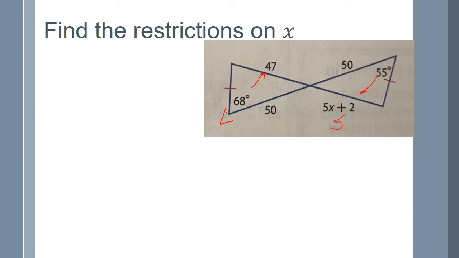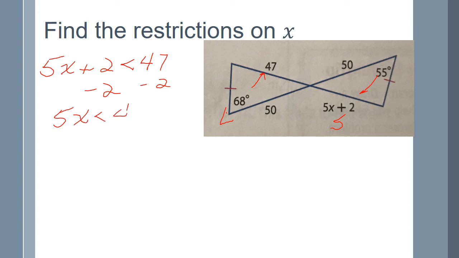So we're going to say that 5x plus 2 is less than 47. You subtract 2 from each side. 5x is less than 45. Therefore, x is going to be less than 9.